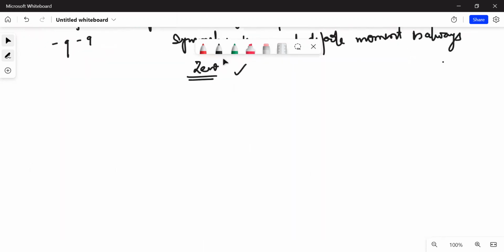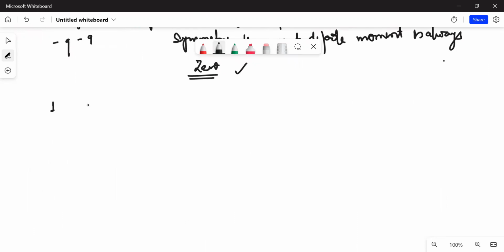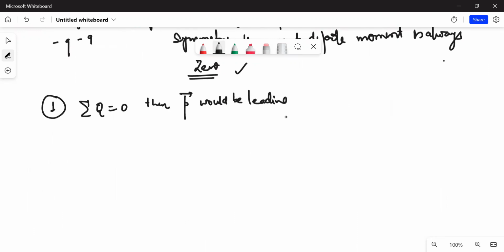The first point I'm writing here is that if the total charge is zero, then the P vector would be the leading term, provided the P vector is non-zero.